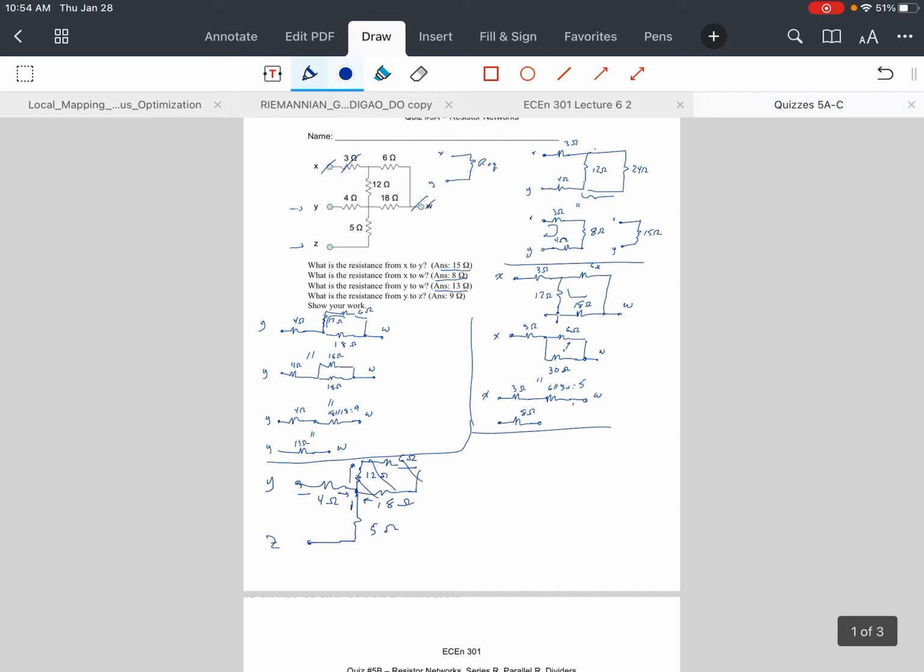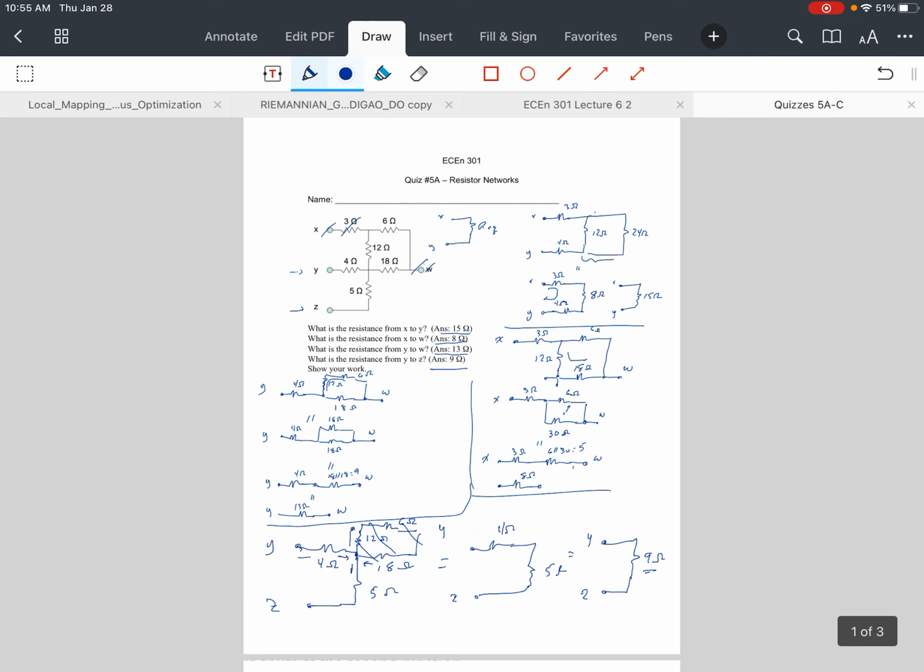So all of this is basically irrelevant for the resistance from Y to Z. This is the same thing as a 4 ohm resistor and a 5 ohm resistor from Y to Z, so it'll be equivalent to a 9 ohm resistor. Okay, so 9 ohms. Yep, that's the answer that's given here. Okay, so that's how to do quiz 5A.